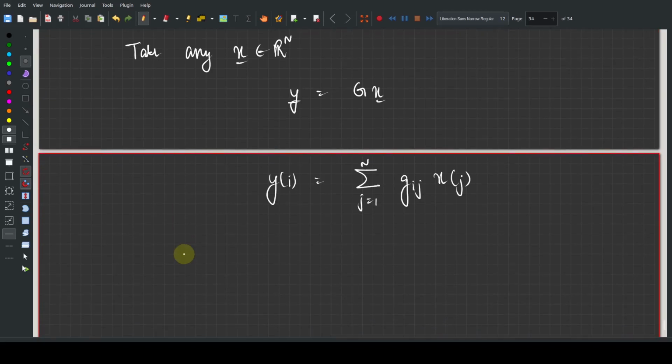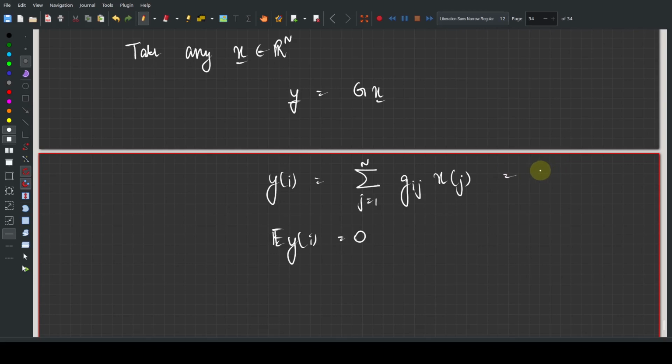What would be the mean of y of i? Each G_ij is a zero mean Gaussian random variable. I'm taking a linear combination of zero mean Gaussian random variables, so that should also be a zero mean Gaussian random variable. So the expected value of y of i is equal to 0, right?